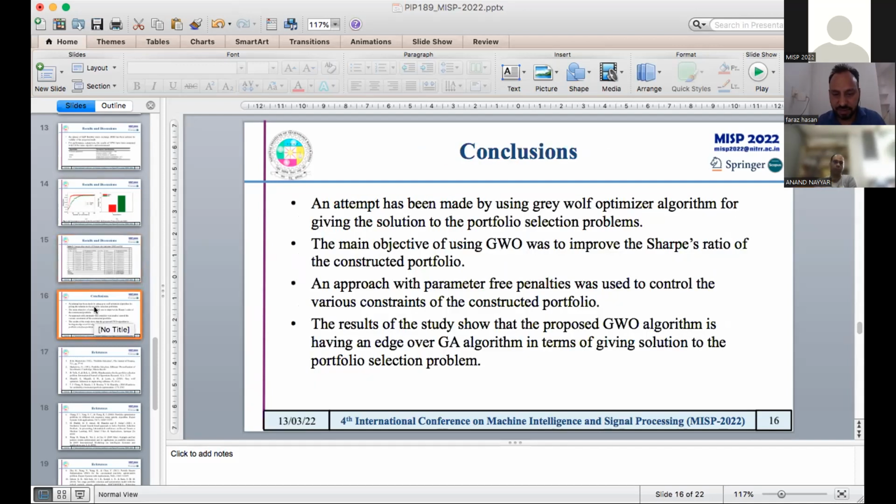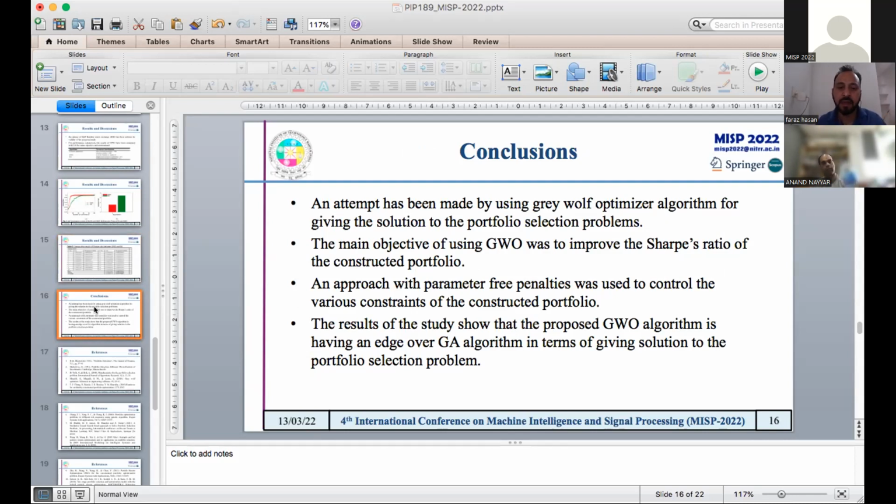So in conclusion, the main objective of this paper is to optimize the Sharpe ratio of the constructed portfolios by applying the GWO in the environment of constrained portfolios, as well as utilizing the penalty function.